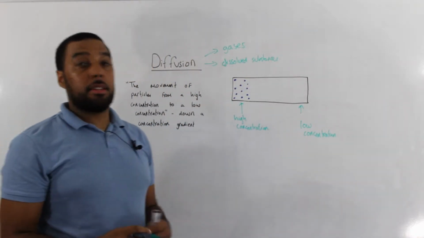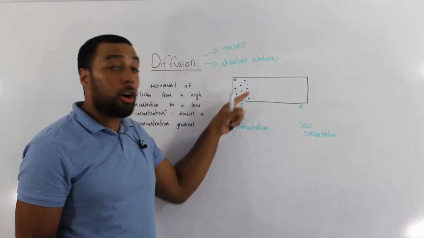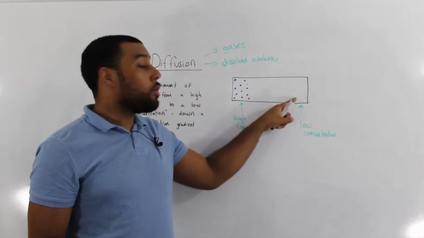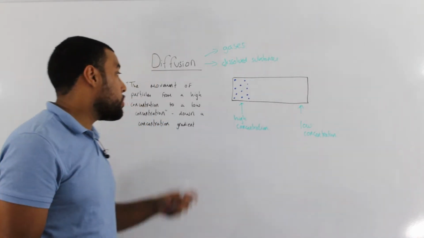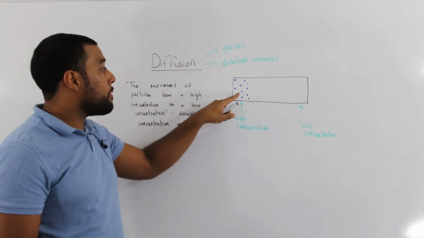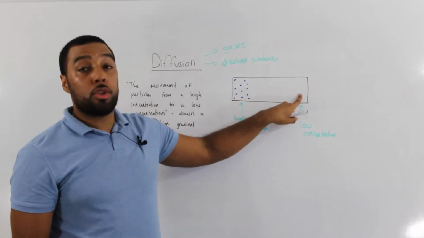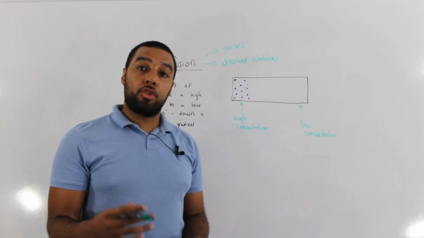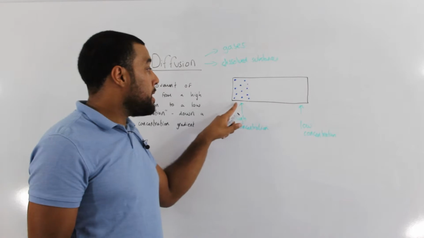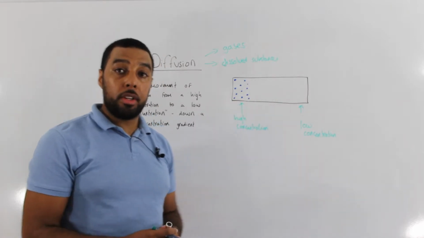Hopefully you can see that this is a high concentration because there are more particles, and this is a low concentration because there are no particles. So diffusion tells us that the particles will move from here, where there's a high concentration, to where there's a low concentration. That term concentration gradient just means the difference in concentration between 2 points.